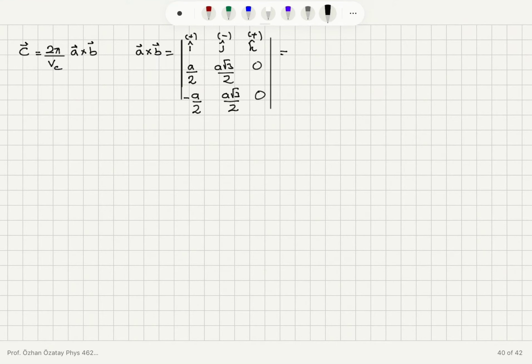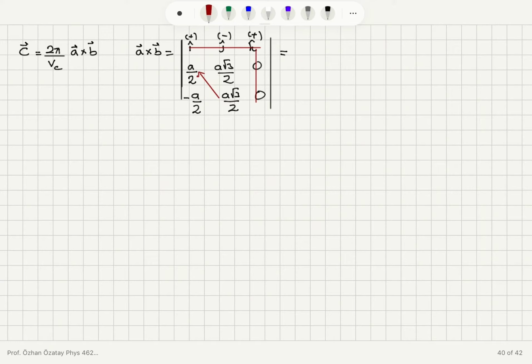So this will give me, for the I hat component, a 0. For the j hat component, a 0. I will get a non-zero answer only for the k hat component here. It's going to be a square square root 3 over 4 minus minus, so it becomes a plus a square square root 3 over 4. So I will be taking this product and subtracting this product from it.